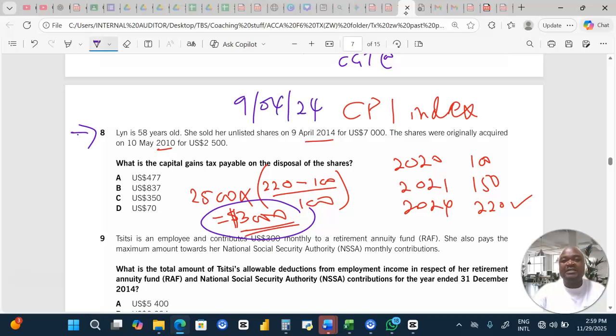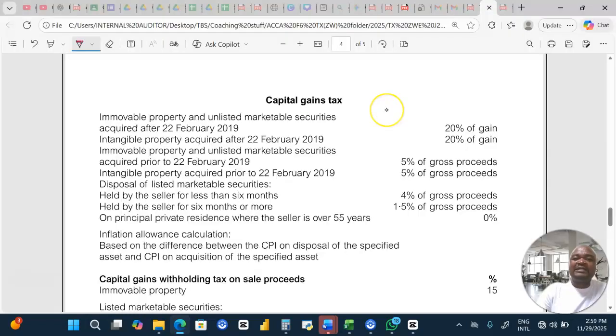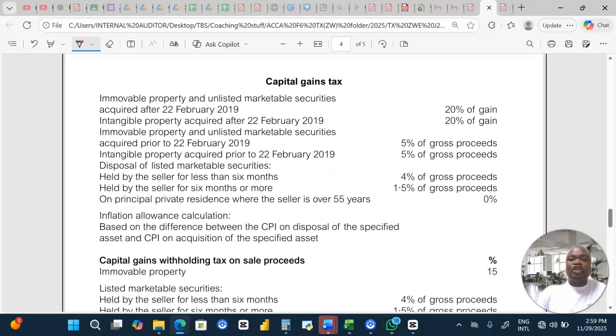Now, she had bought these items on 10 May 2020. I changed the 2010 to 2020 so that the question becomes as relevant as possible. So when we come to our tax tables, you'll be having a lot of literature here, and you just have to be very, very tactical.